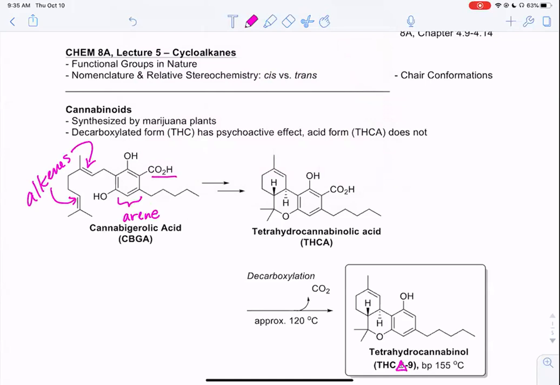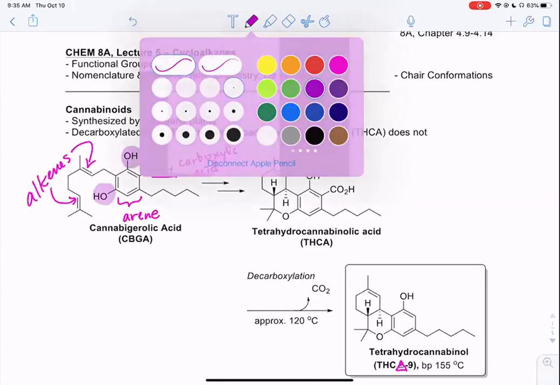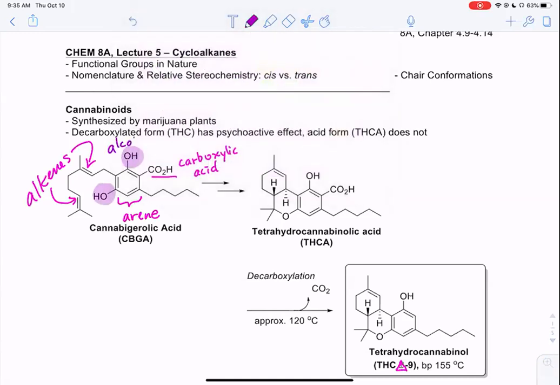It has a carboxylic acid, and these alcohol groups. It's okay for you to call these alcohols, because that's what we have in our functional group table. But really, if we're going to be proper, these are actually phenols.